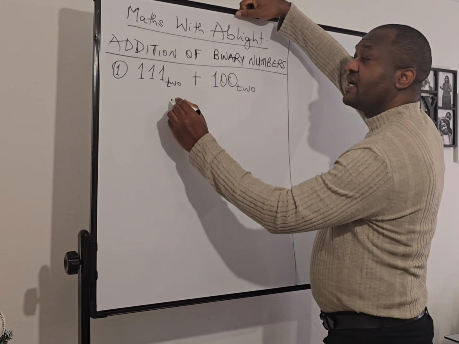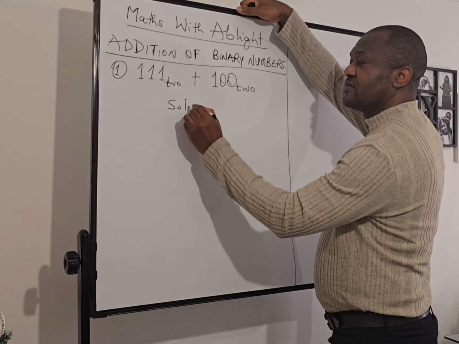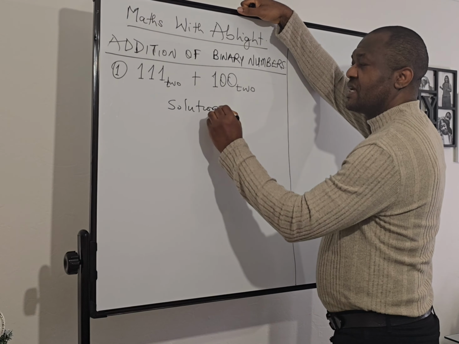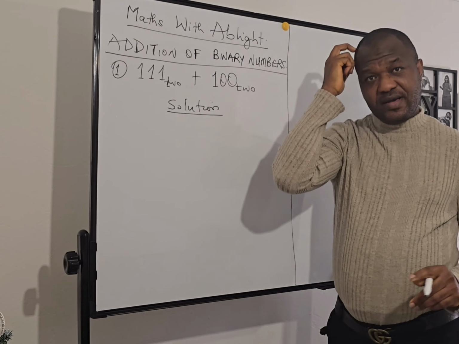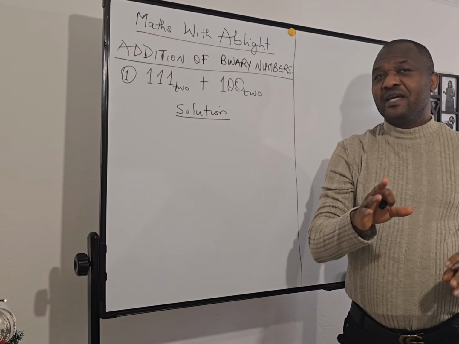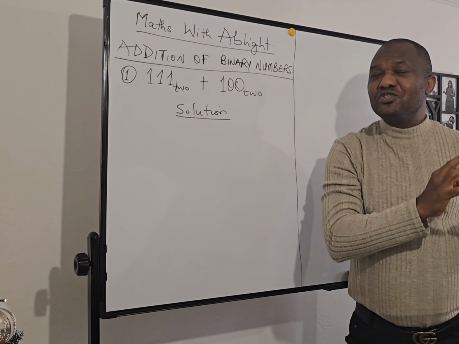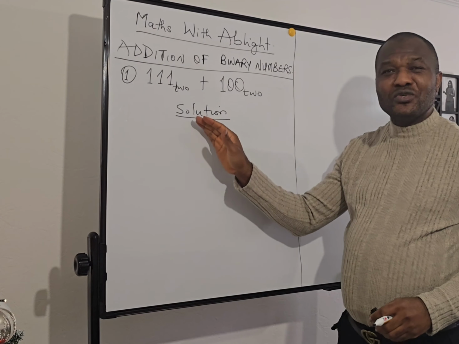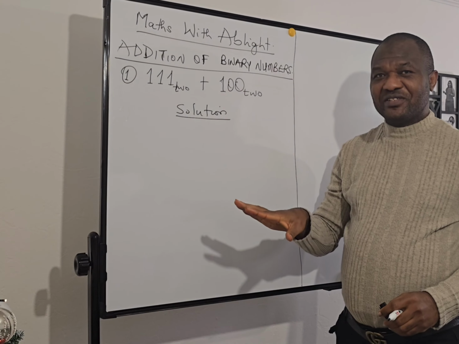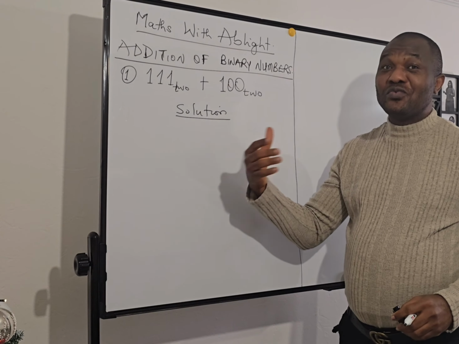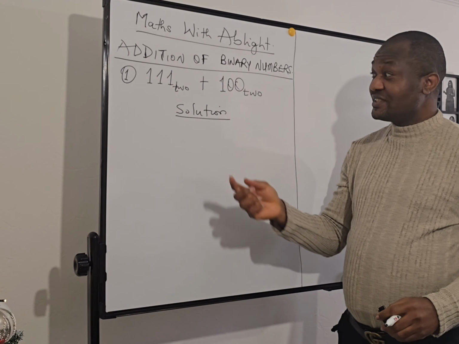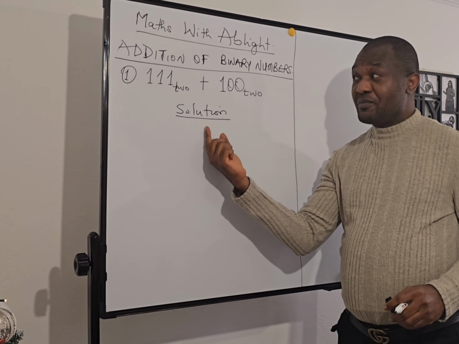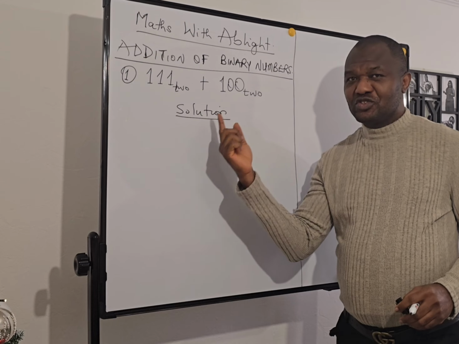The first thing you write is solution. If you remember, I told you that there are languages you use for mathematics to make it very interesting. Solution is English. Now, if you want to write it in mathematics, you will write solution, but you will not pronounce it solution.